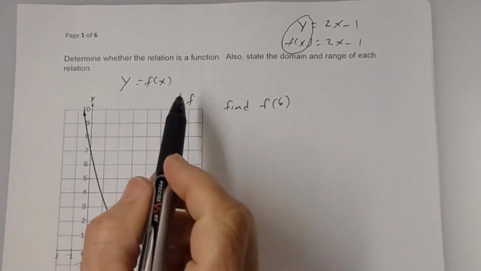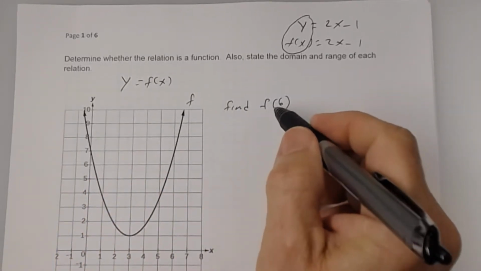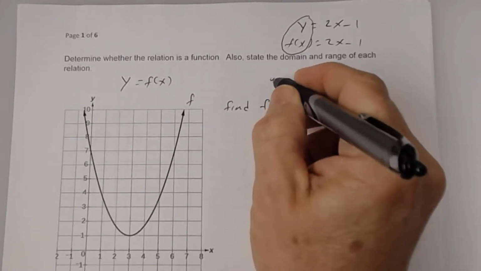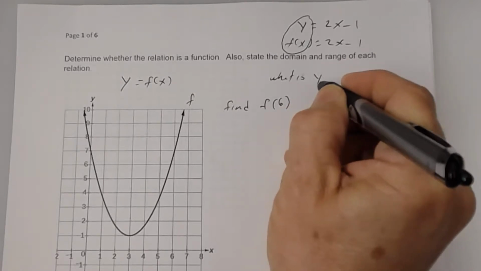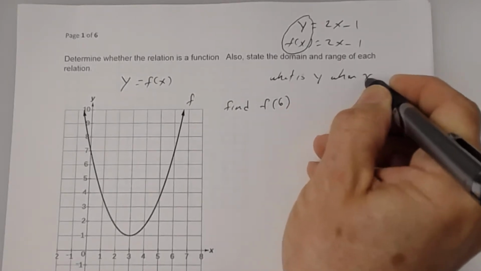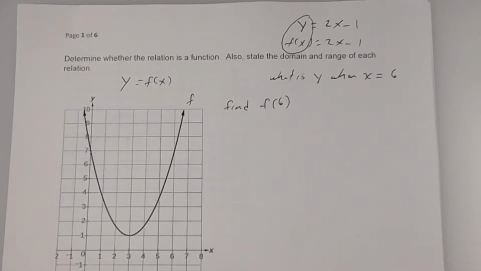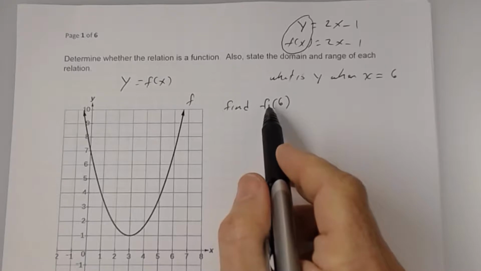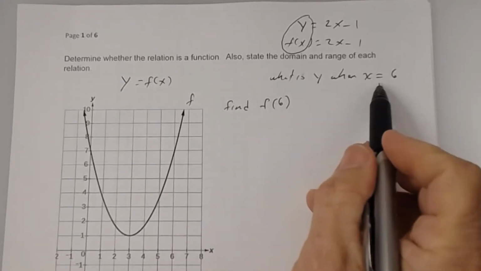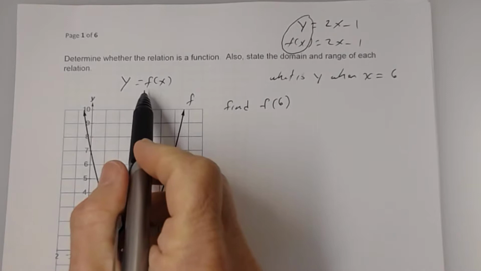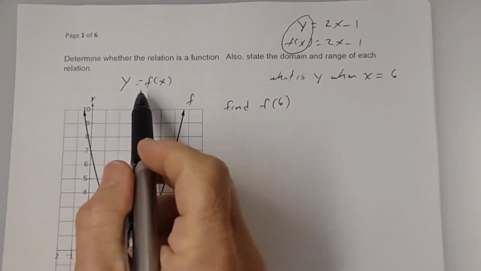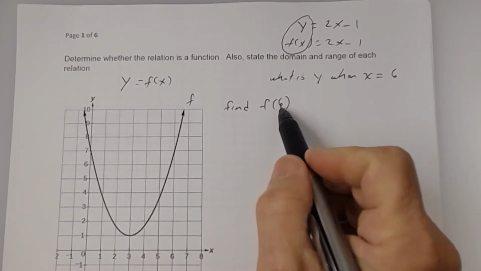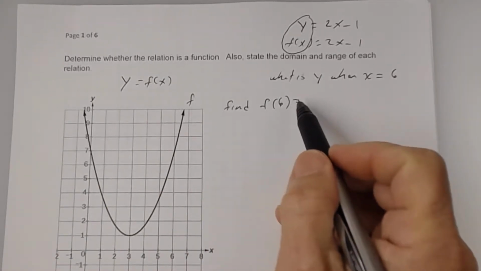Okay, so what f of 6 means, and it's a good idea to remember it this way, is: what is y when x is 6? Because in f of x, what am I replacing x with? 6. So x is 6, and f of x means the same thing as y.